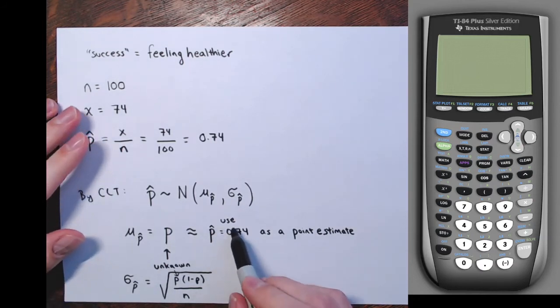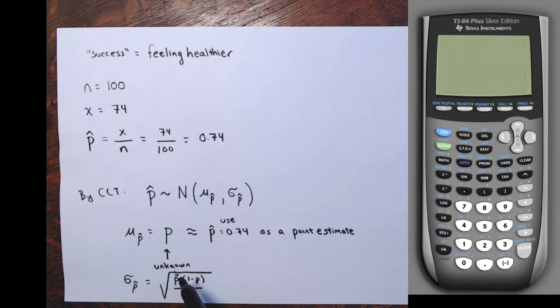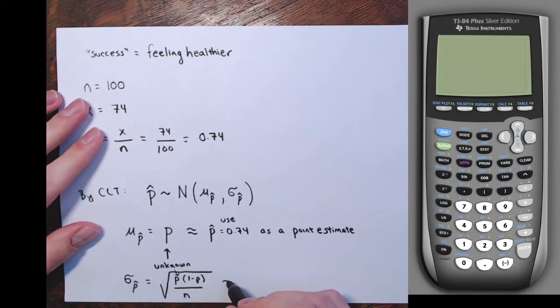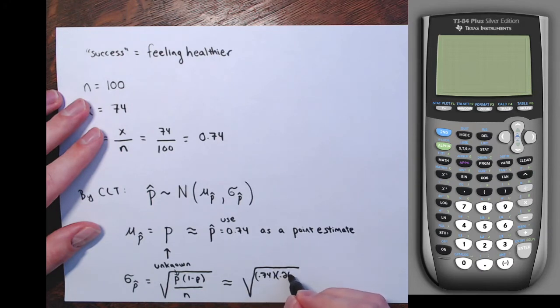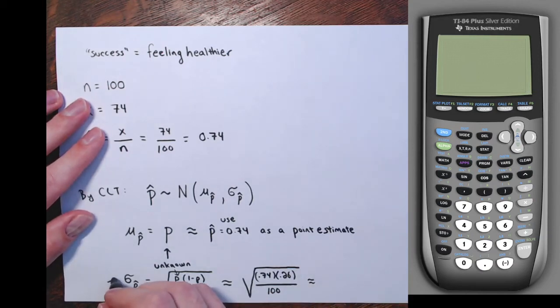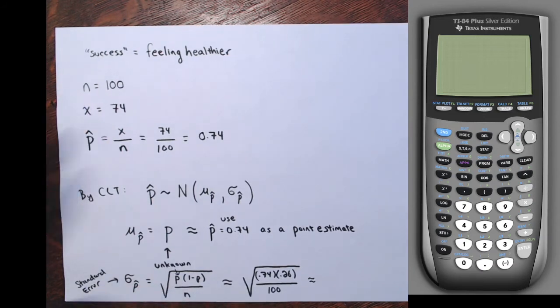So we use 0.74 for p as an estimate, and we estimate this standard deviation for the p hats as the square root of 0.74 times 1 minus 0.74, so 0.26, and all that divided by 100. This is what we're asked for: the standard error, the standard deviation for our sample proportions. Different words meaning the same thing.